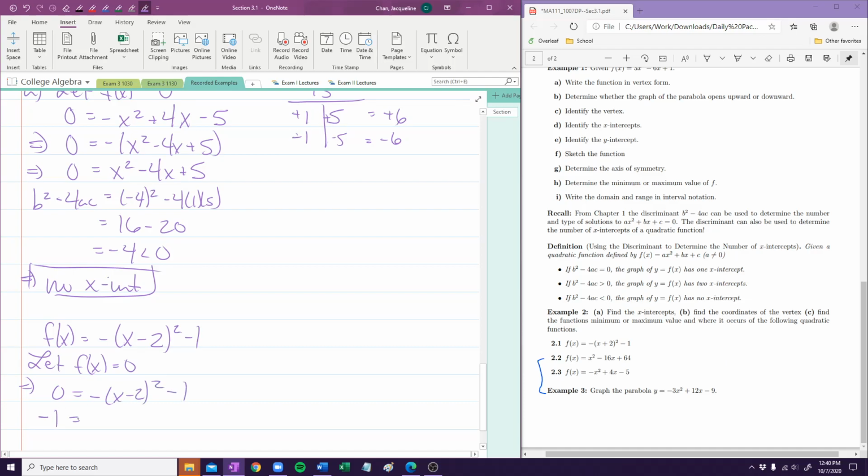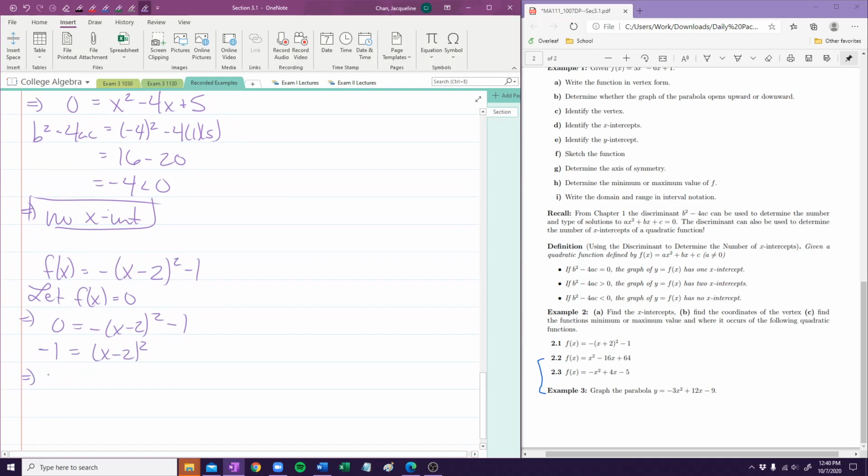You'll be left with negative 1 is equal to quantity x minus 2 squared, and this will be plus or minus the square root of negative 1 is equal to x minus 2. Again, you can't have a negative number under the square root, so no x-intercept. So that was just another way, if you made your function into vertex form.